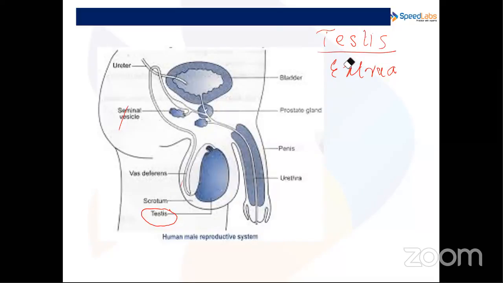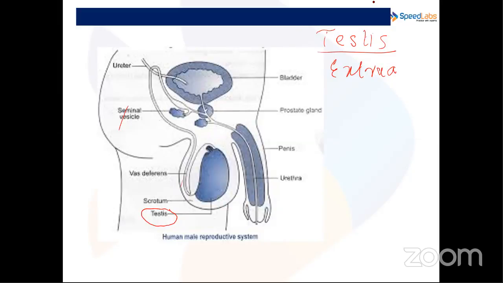Scrotum is required because sperm production, storage and maintenance requires a temperature 1 to 3 degrees Celsius less than the body temperature. That is why sperm production is very sensitive, and hence we say that testis is extra abdominal in position.